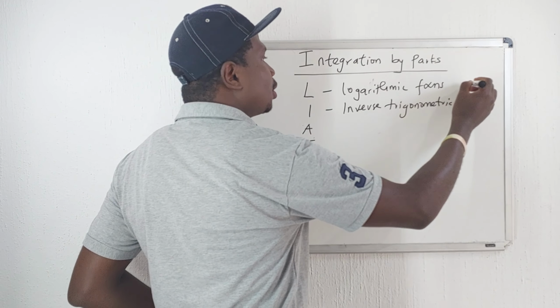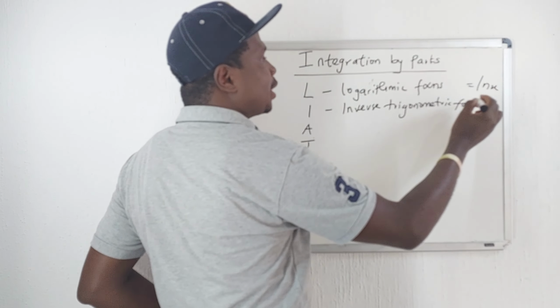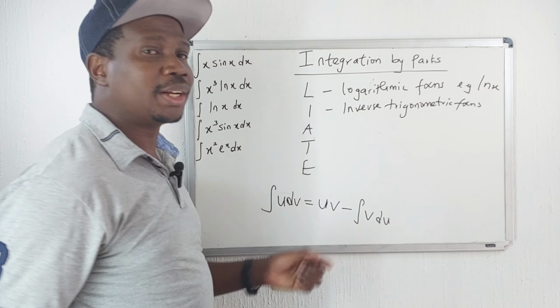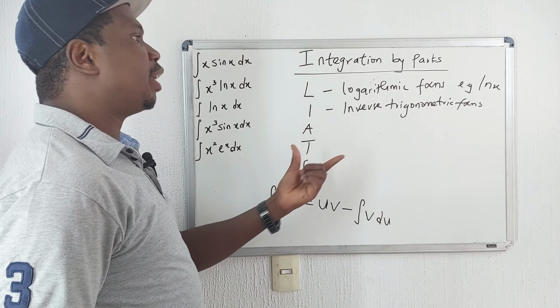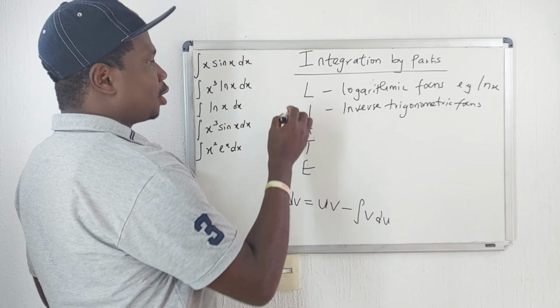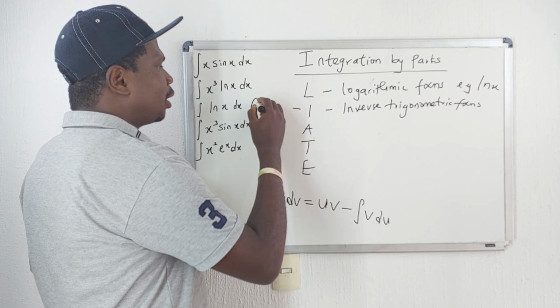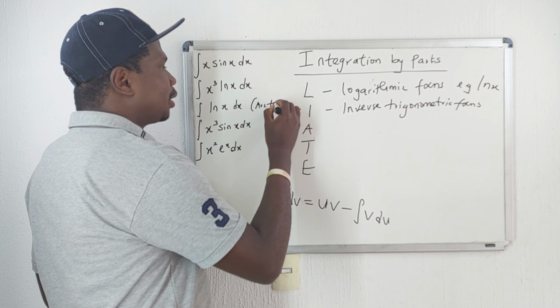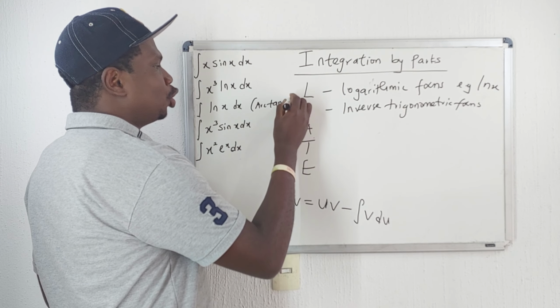Logarithmic functions, for example, are the natural log. Then inverse trigonometric functions, for example, we have the arc tan of a function.